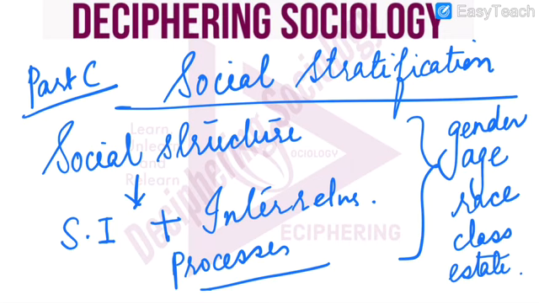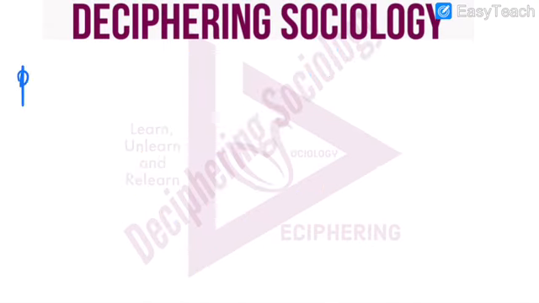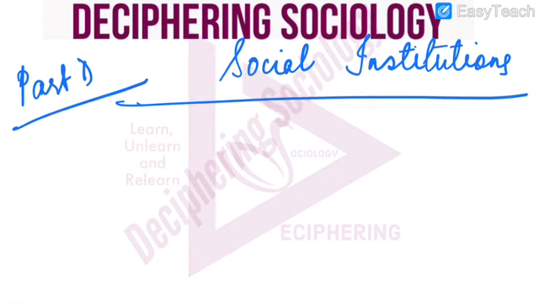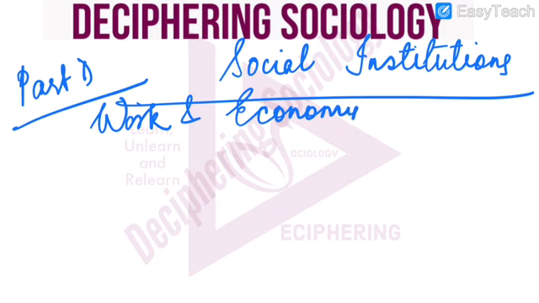Once we understand social stratification, then we start reading about the social institutions. In social institutions, we read about work and economy. We read about political setup.